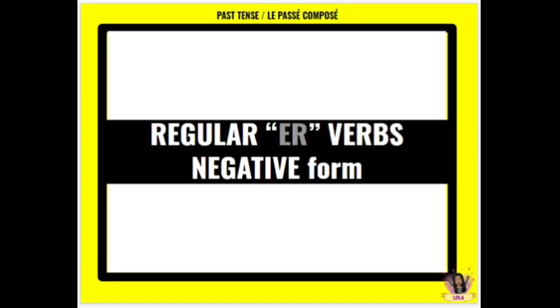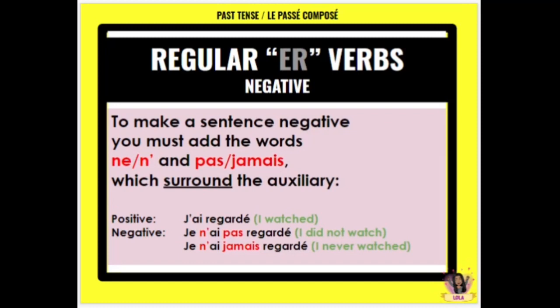And now we're going to take a look at the regular ER verbs in the negative form. Now remember, to make a sentence negative, you must add the words ne or n apostrophe and pas or jamais, which surround the auxiliary. So in the positive, we would say j'ai regardé, as we have already seen, which means I watched.